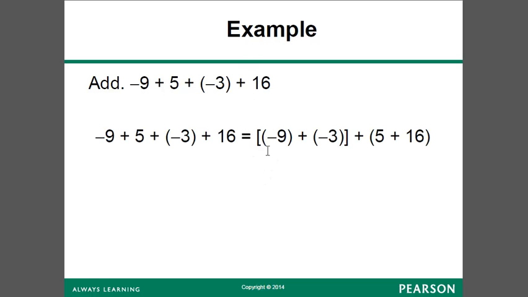As I've done here, I've rearranged it and put my -9 and my -3 together, and I've moved my +5 and my +16 together. That'll help me out a little bit, because now -9 plus -3, those have the same sign, they're both negative. 9 plus 3 would be 12, so this right here would become a -12.